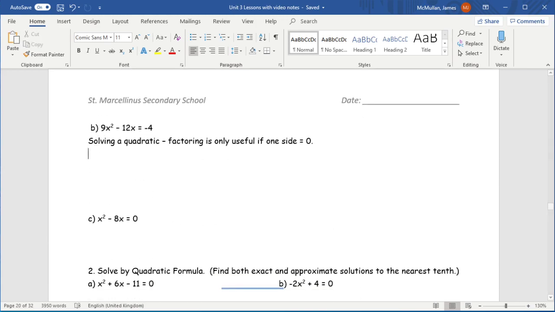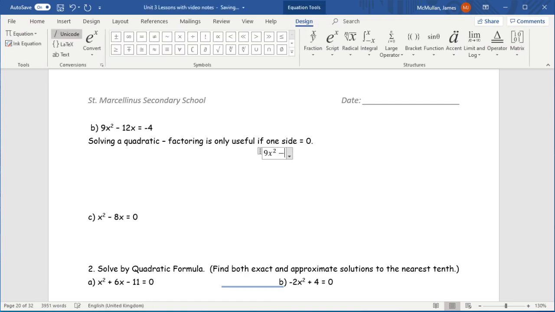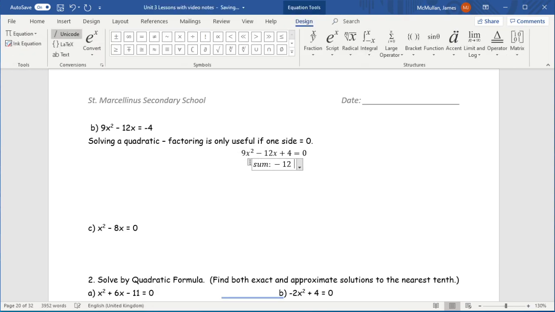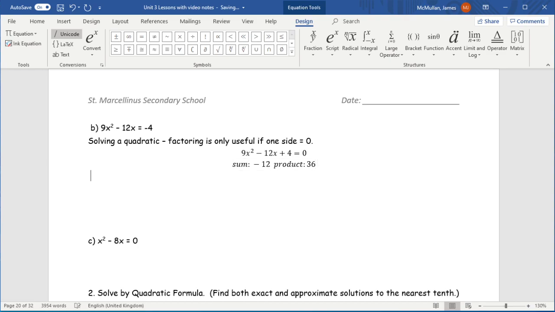Okay, so let's try this one again, and this time let's bring everything over to one side. Okay, so now we have this. So with the plus 4 moved over to this side. I'm looking for a sum of negative 12 and a product of positive 36.